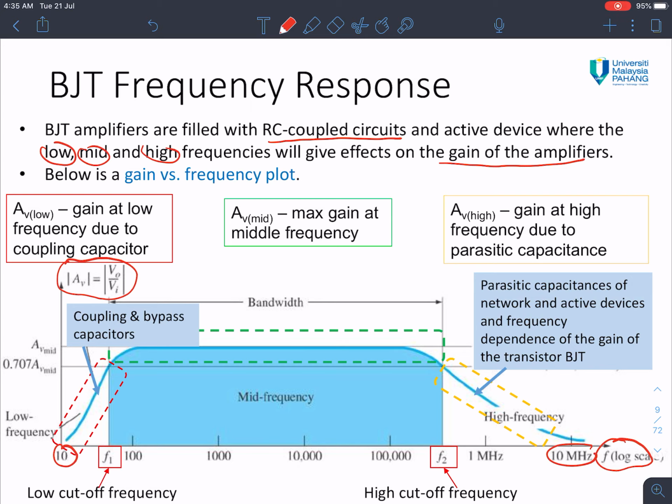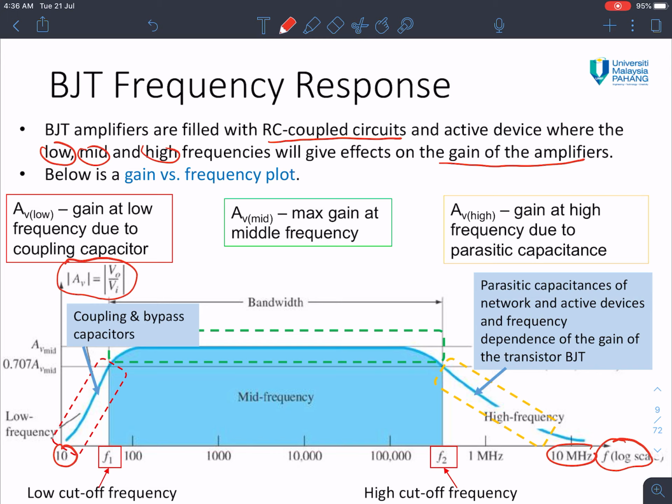If we are using only a normal graph paper, it is impossible to fit all the range on one piece of graph paper. So we need a larger scale, so that's why the logarithm is really suited for this graph.